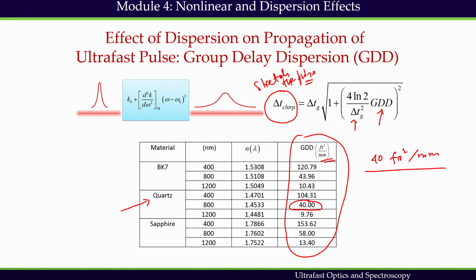That's the idea, called chirped pulse amplification, CPA. We will introduce this idea in the construction of the ultrafast laser module. What does it mean?